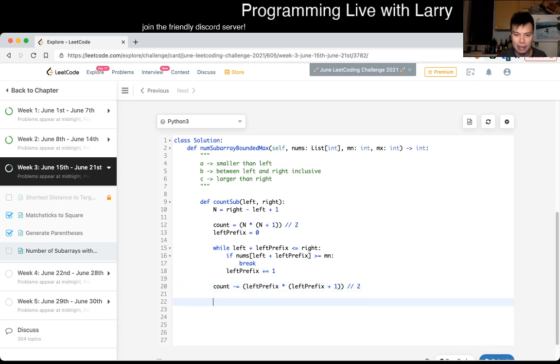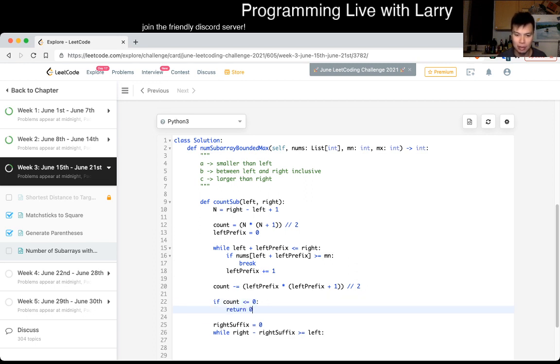For now, let's at least get it right before we do right suffix. Oops. So right suffix equals 0. So let's just say right is still greater than left. Well, I guess if count, what happens if this goes over right? Then this is equal to n. So yeah, okay. So if count is, should we just return 0?